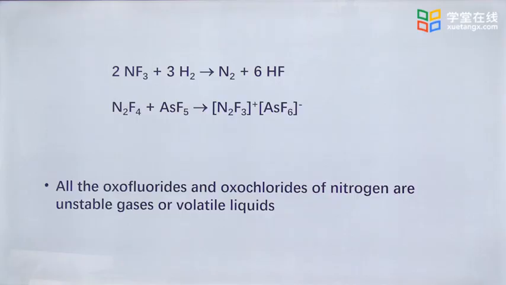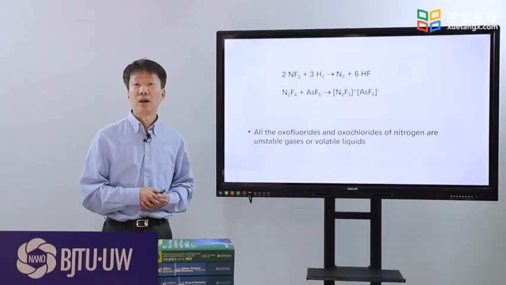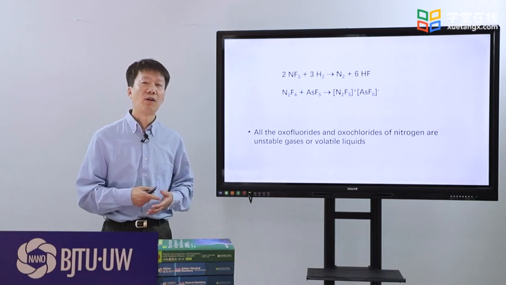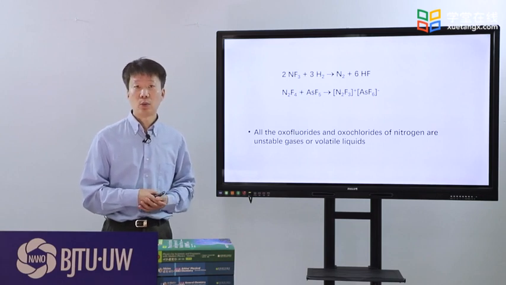The tetrafluoride may lose its fluoride ions to a strong acceptor. For example, arsenic pentafluoride forms a salt. All the oxofluorides and oxochlorides of nitrogen are unstable gases or volatile liquids, which are rapidly hydrolyzed.